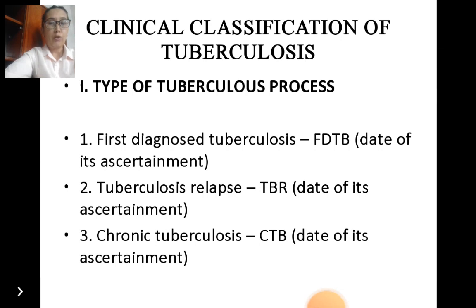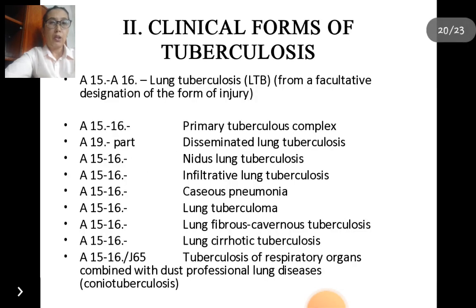Clinical classification of tuberculosis. Firstly, we must say the type of tuberculosis process. It was first diagnosed tuberculosis, or tuberculosis relapse, or it must be chronic tuberculosis. And second point, we must talk about clinical forms of tuberculosis.